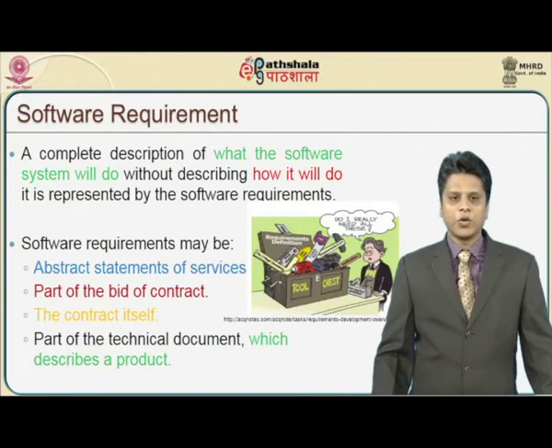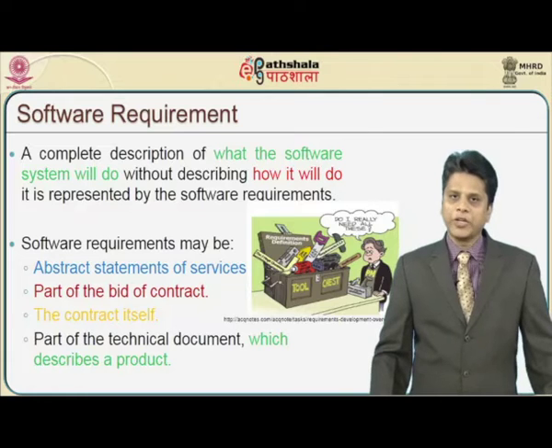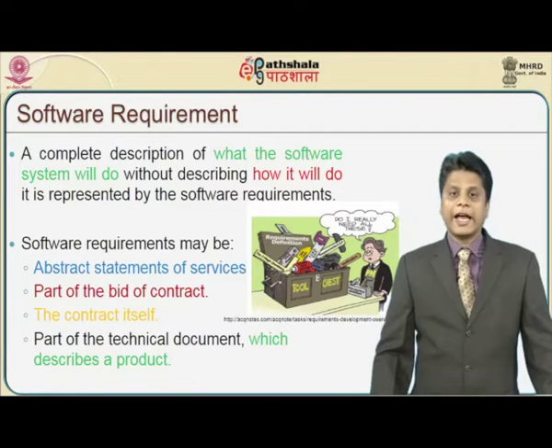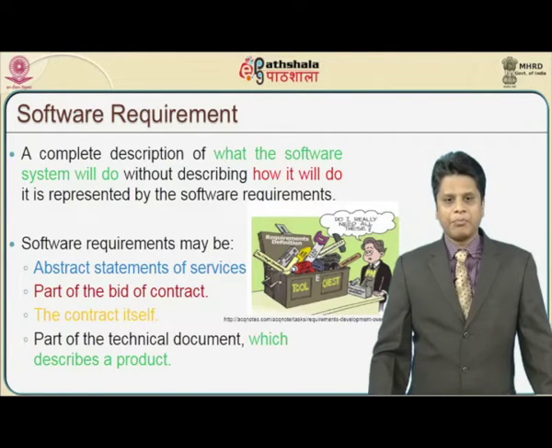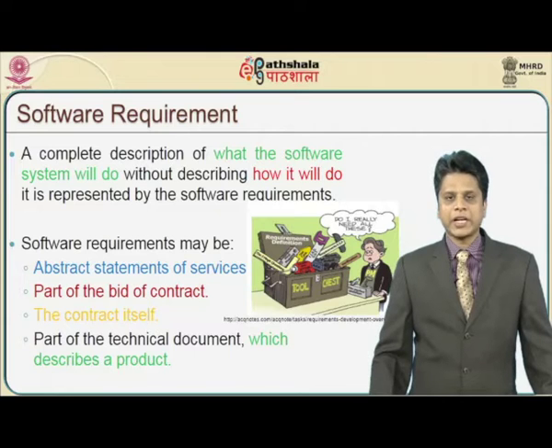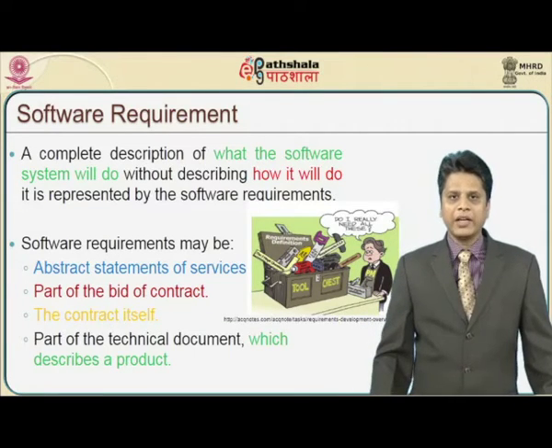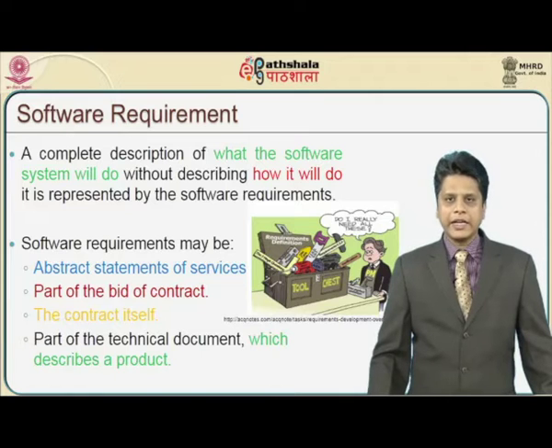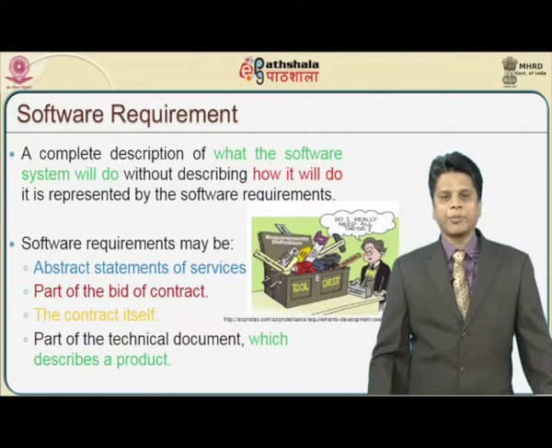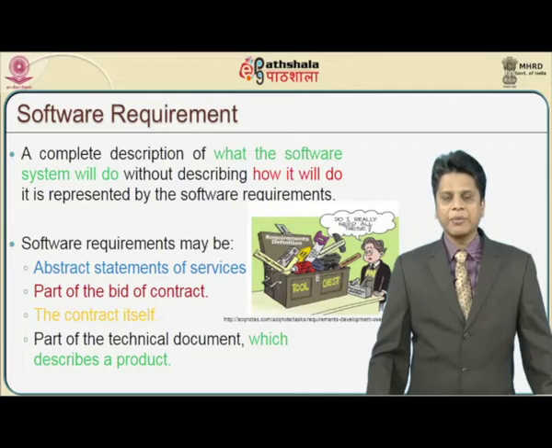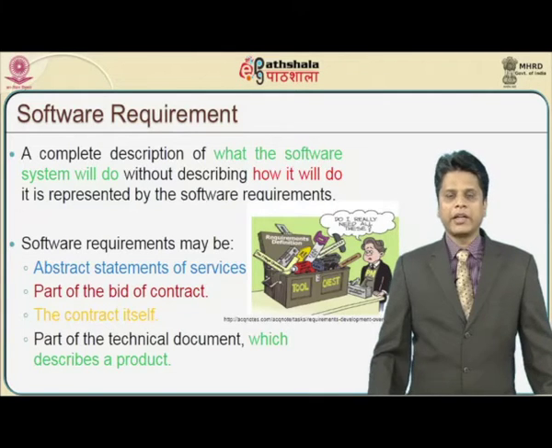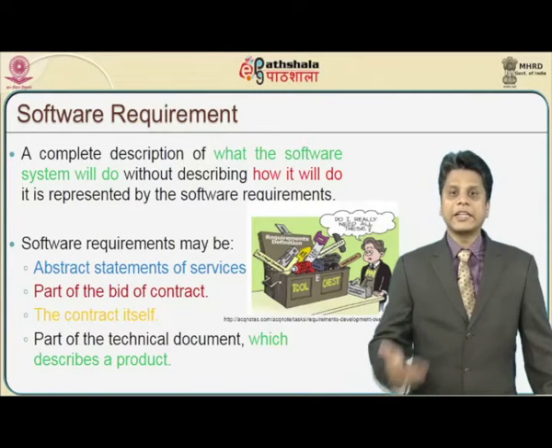So, they will go for part of the bid of contract, the actual contract itself, part of the technical document which describes the complete version of the product. I understand the entire requirements from the customer, which means I elicit the entire requirements, and make myself very clear that I can proceed with such a development.